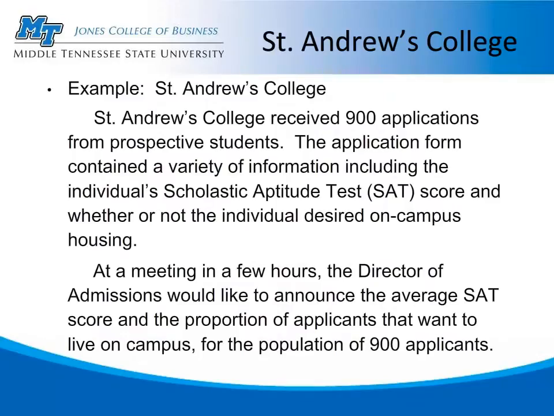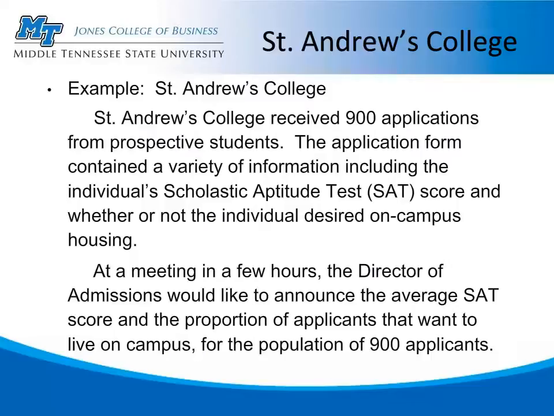Now, the example being used to show the calculations is St. Andrews College. They received 900 applications. Part of the information on the application was the student's SAT score. That's a quantitative measure. Another part was whether or not the individual wanted to live on campus, the on-campus housing.